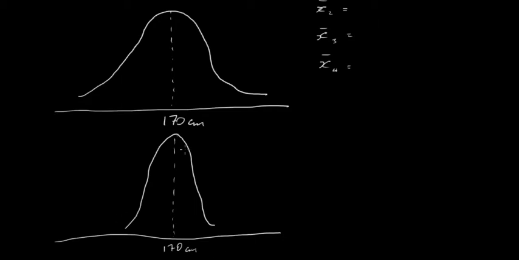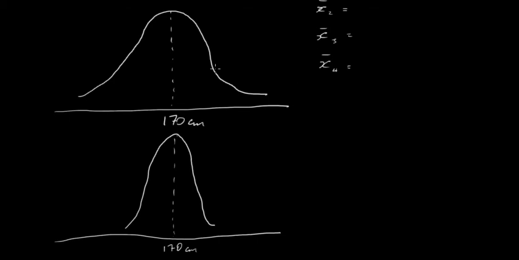So the sampling distribution of our sample means will look like this, and if we take the mean of all these means, we should also get 170 centimeters. But you'll notice here that the spread is different, as I said earlier. This spread is much narrower than this spread here. So the standard deviation of this data here will be much less than the standard deviation of this data here.